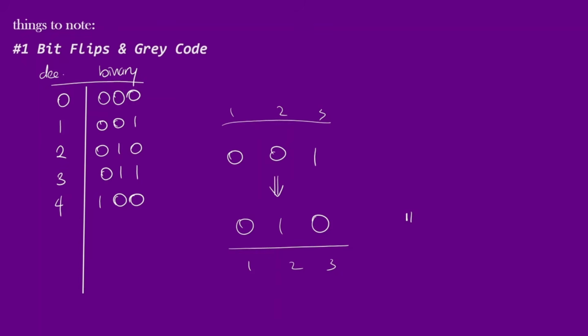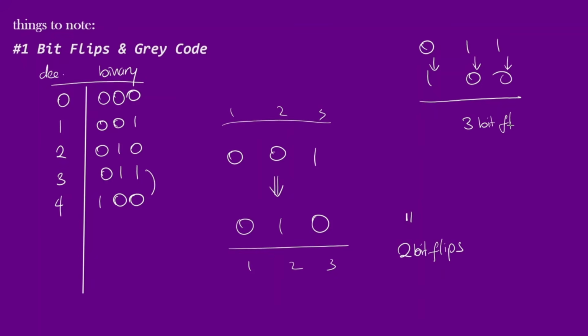So in binary, going from 1 to 2 is 2 bit flips. Does that make sense now? It even gets worse. Let's say we're going from 3 to 4. 3 is 011 and 4 is 100. This is 1 because 1 changes to 0, this is 1 because 1 changes to 0, and this is 1 because 0 changes to 1. So this is 3 bit flips.